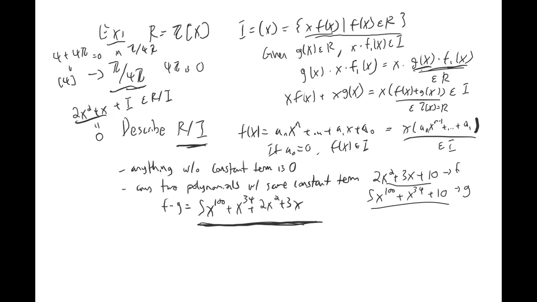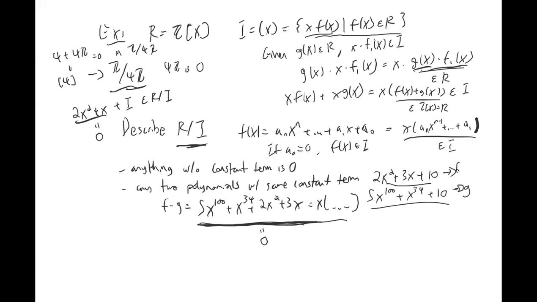Yes, because I could factor out the x and then it's x times something. So if it's in I, it's 0. So f minus g is 0. Polynomials with the same constant term are the same element in R mod I.